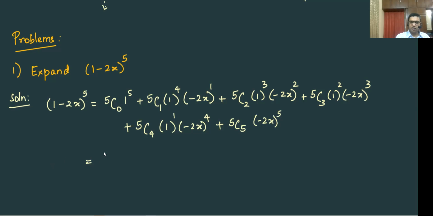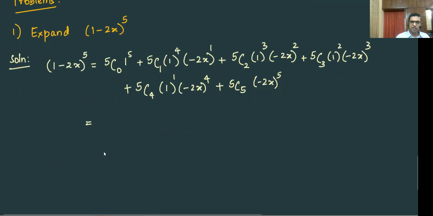So in the binomial expansion, 5C0 is 1. 5C1 is 5 multiplied by minus 2x. 5C2 is 10, 5 into 4 by 1 into 2, 10, into 1 into 4x squared.